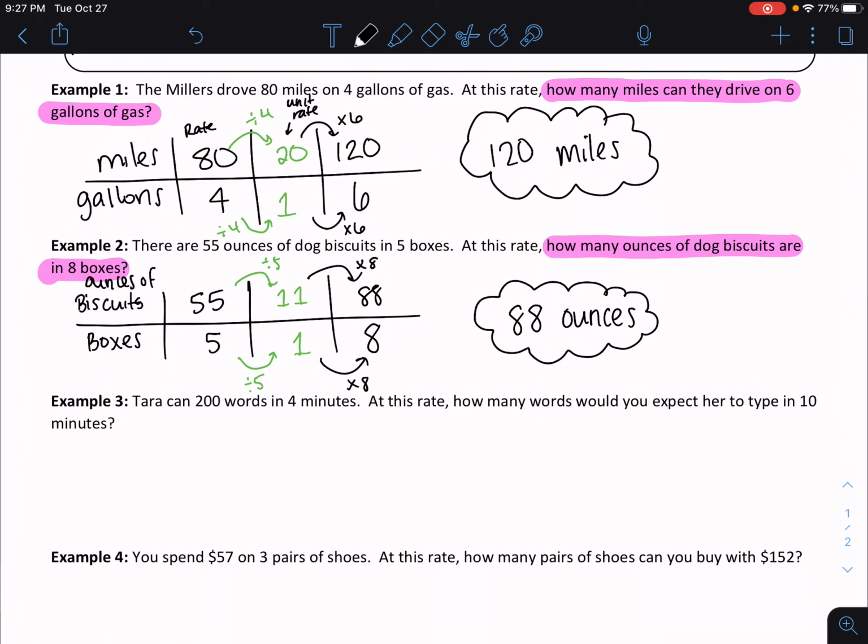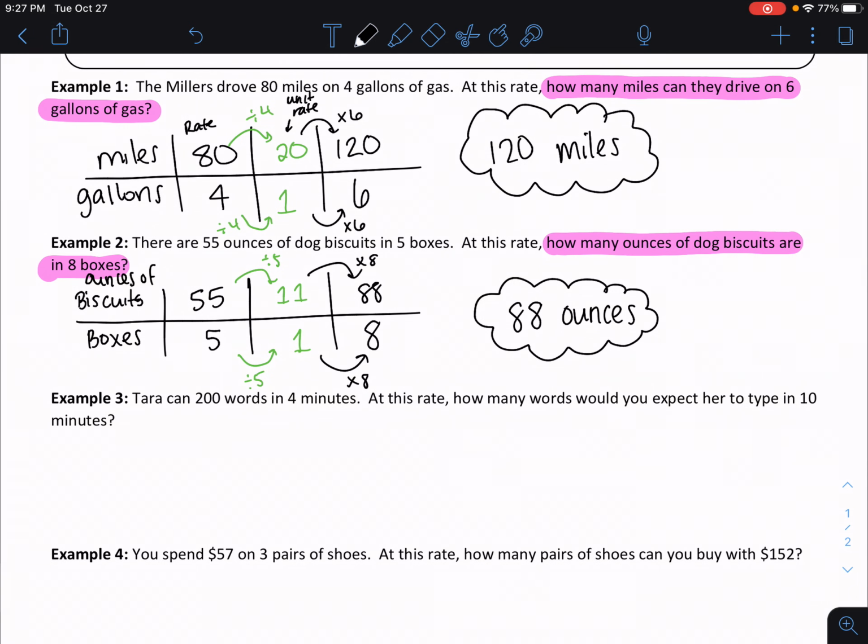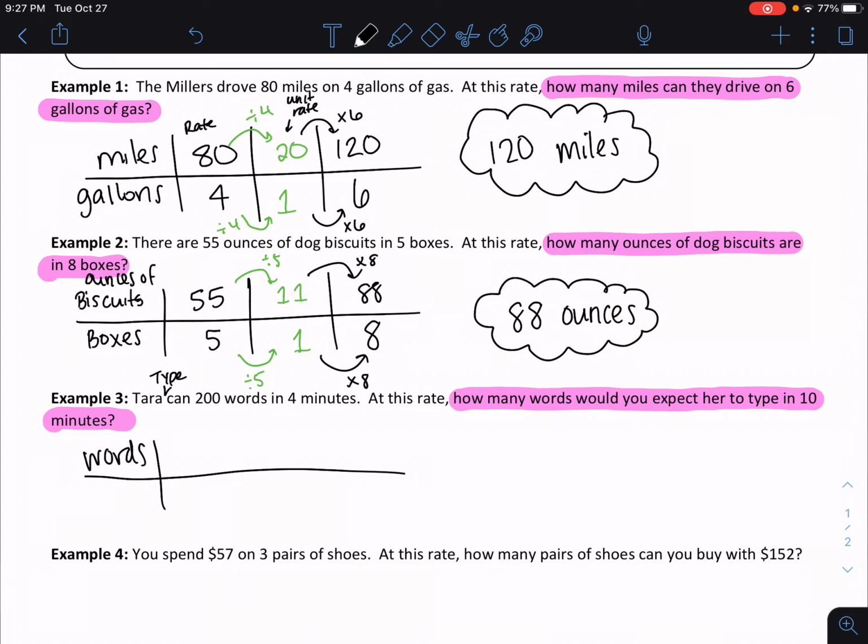Okay. The rest of these problems are very similar. So the last 2 questions are very similar to this. This should say Tara can type 200 words in 4 minutes. And then my question, how many words would you expect her to type in 10 minutes? So you're going to create your table. We have words and minutes.